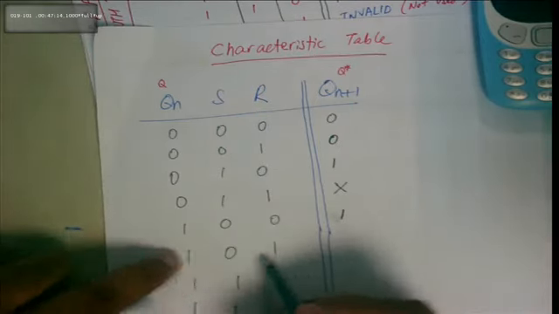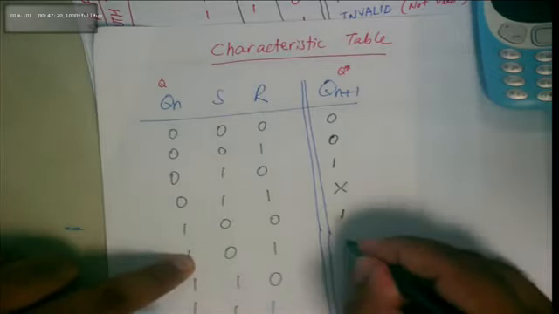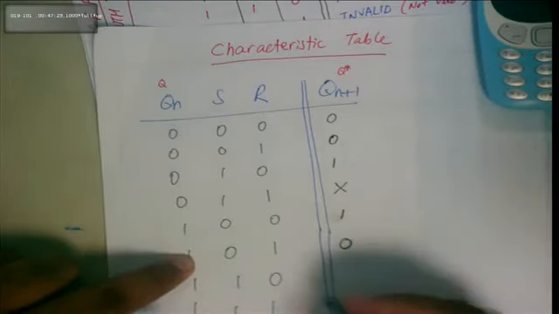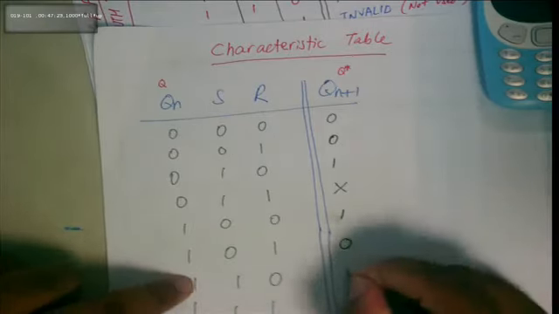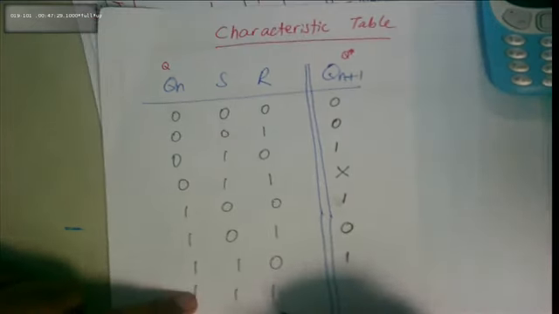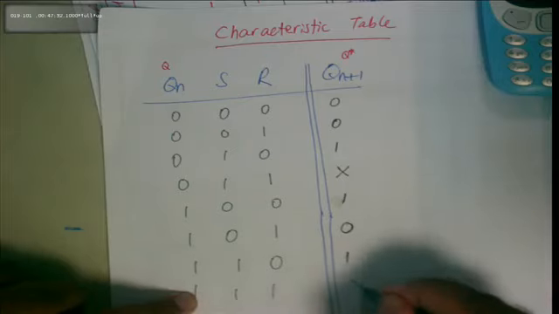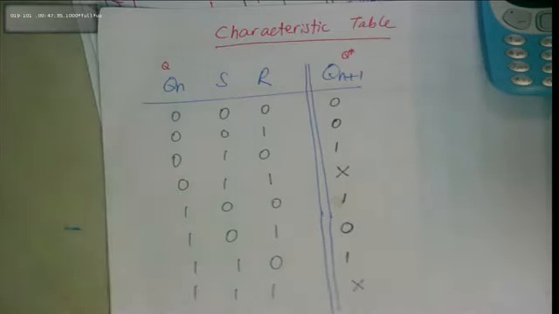For 0, 1, the Qn doesn't play a role now. 0, 1 will be reset, so it will be 0. 1, 0 will be set, so it will be 1. 1, 1 is a no-go area. Memory does not play a role, so put X. Everyone understood how we got here? Because there's one more table to go. All right, this is the characteristic table.